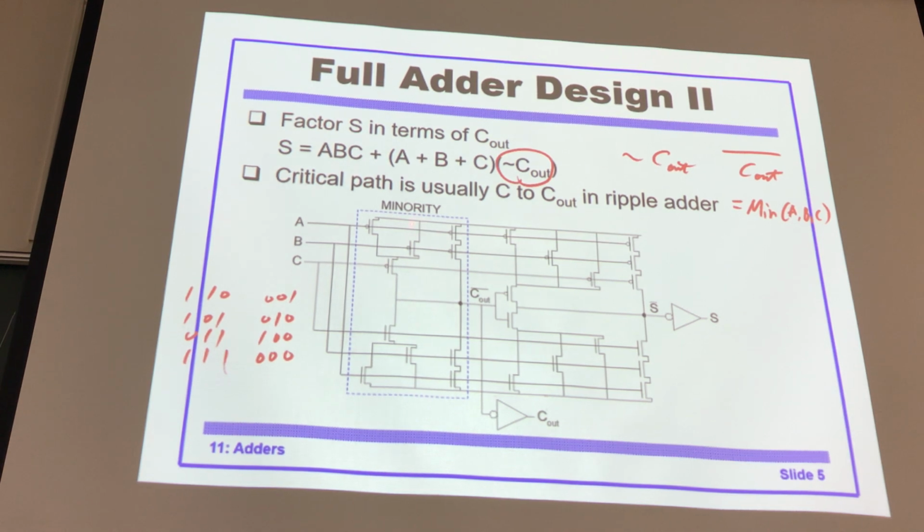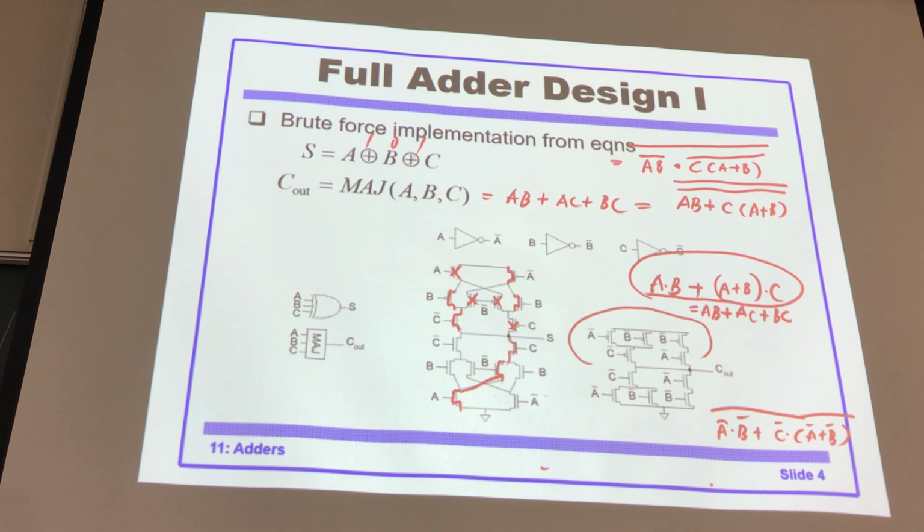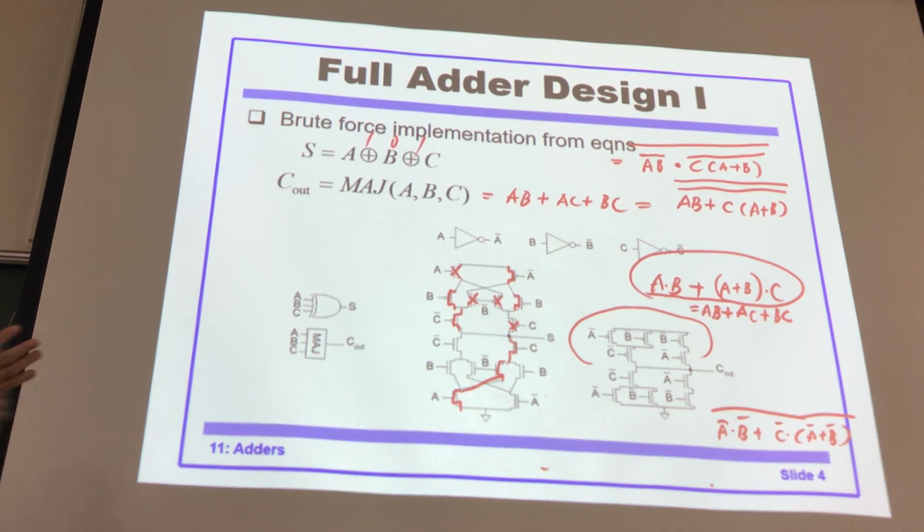But how do you know this is a minority circuit? Because in the majority circuit here, we use A bar, B bar, C bar. If we don't use A bar, B bar, C bar, and instead use A, B, C, they're just opposite, right? Majority circuit means 2 or more people say yes. Minority circuit means 2 or more people say no. They're just the opposite of each other.